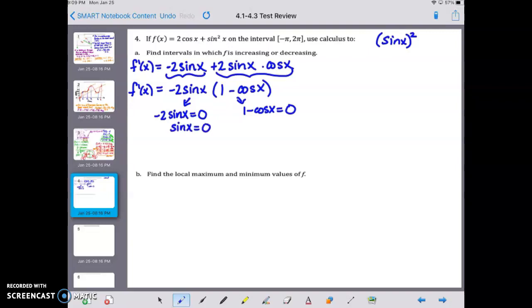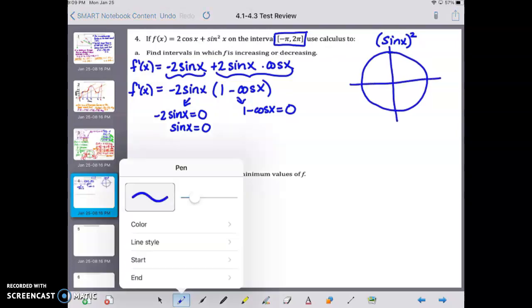So if we think about our unit circle, sine is the y value of the ordered pairs. So sine is 0 at pi, right? And at 2 pi, also at 0 and at negative pi. Because remember, our interval here is from negative pi to 2 pi. So we could draw a picture of this, but basically we have to consider ourselves as though we are going 1.5 trips around the unit circle, right?